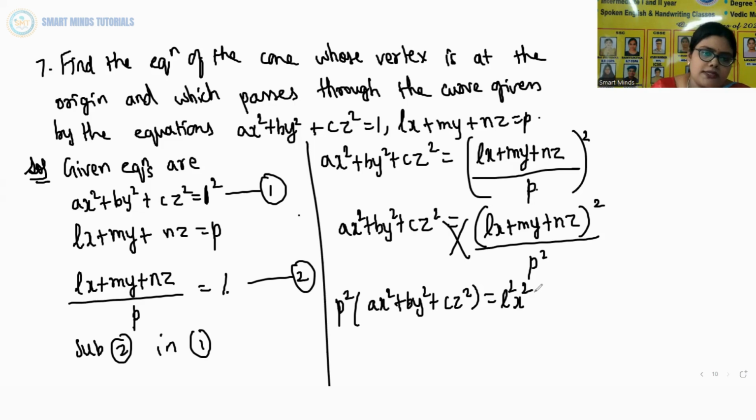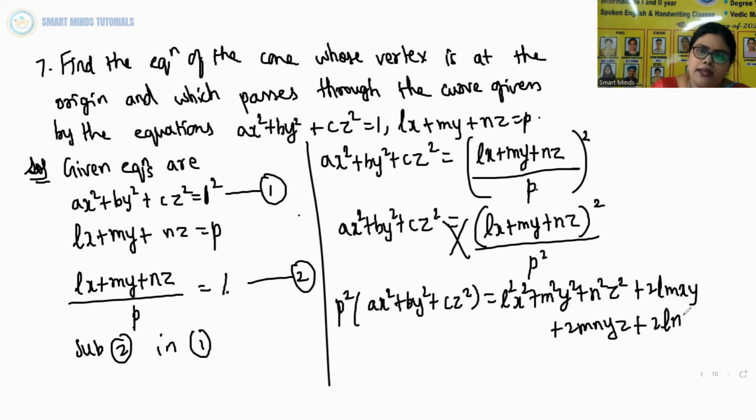So l²x² + m²y² + n²z² + 2lmxy + 2mnyz + 2lnxz. Okay, so if I open the brackets, we will get ap²x² + bp²y² + cp²z².